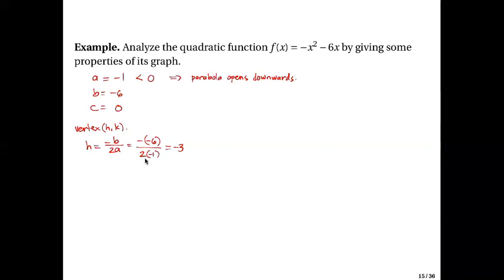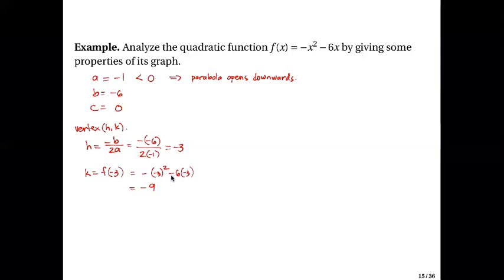And then you have your k. This is f of h, which is -3 now. So we have negative of negative 3 squared minus 6 times negative 3. Negative 3 squared is 9, so negative 9.